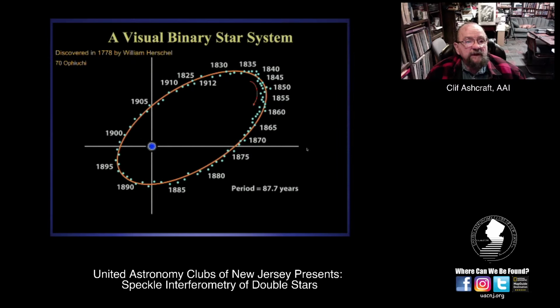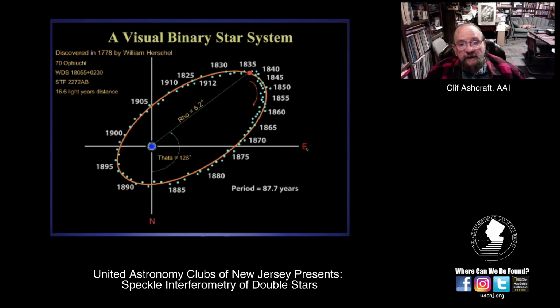It's 70 Ophiuchi, or otherwise known to us double star astronomers as WDS 18055+0230. That's just the catalog number in the Washington double star system. It's also called STF 2272AB, and it has a distance of 16.6 light years.